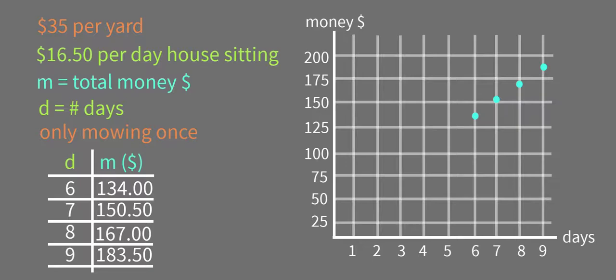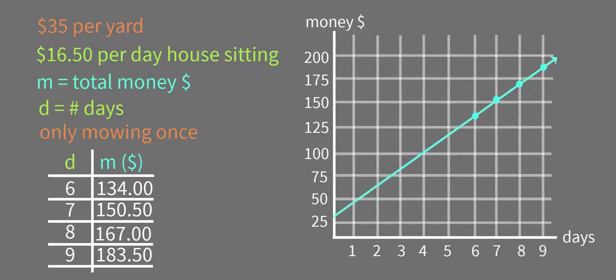And we're not asked to connect the dots or draw the actual line. We're simply asked to make the table and graph the points so we can see visually that this is a linear equation, M equals 16.5D plus 35. We could go ahead, if we wanted to, draw the actual line of what he's making.